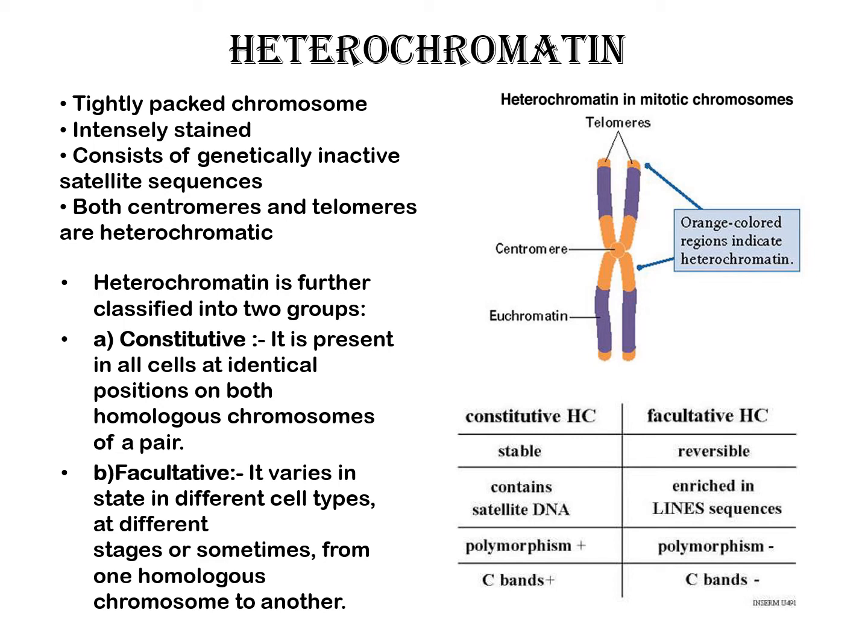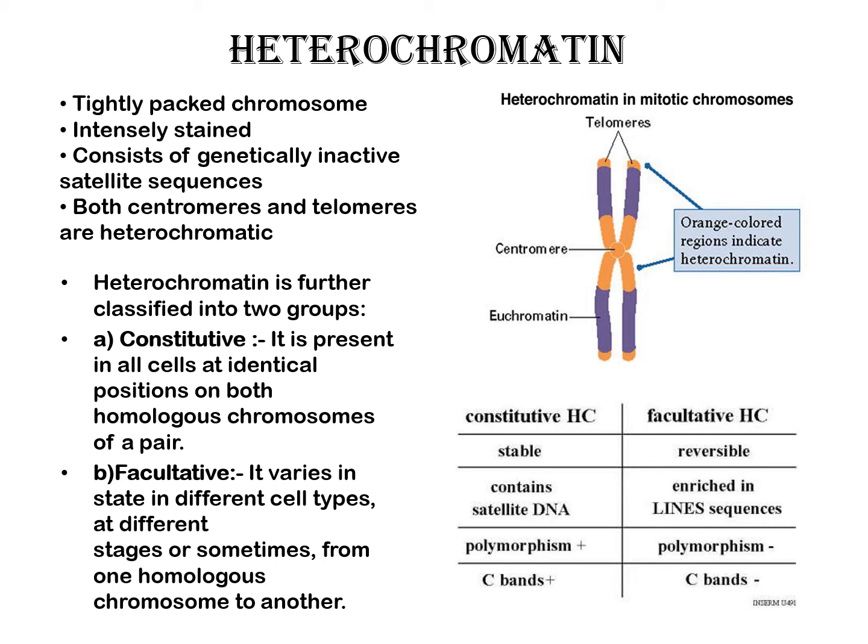The constitutive heterochromatin shows C bands as a unique staining pattern and it is observed only in case of the constitutive heterochromatin, while these C bands are absent in the facultative heterochromatin. So these are the two parts of the heterochromatin, constitutive and facultative.